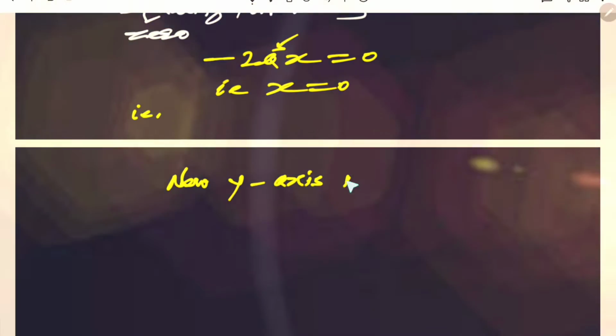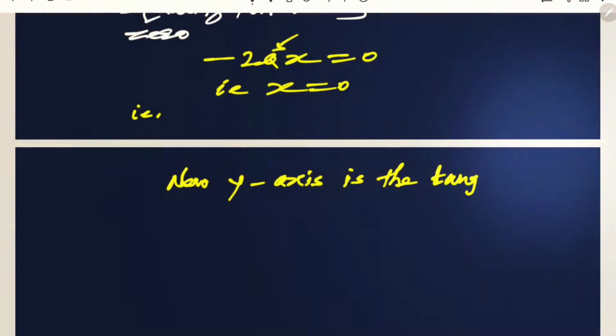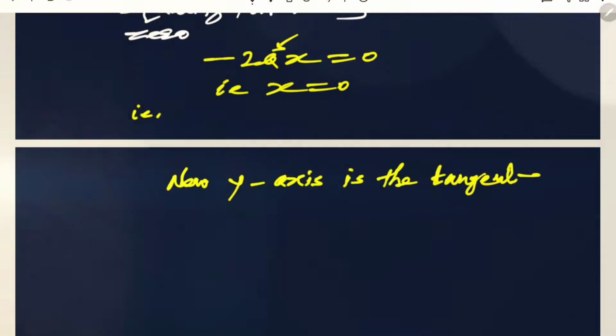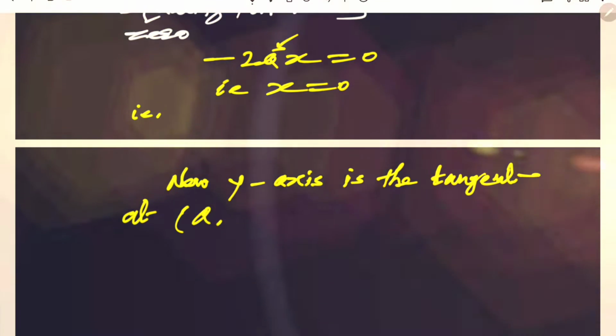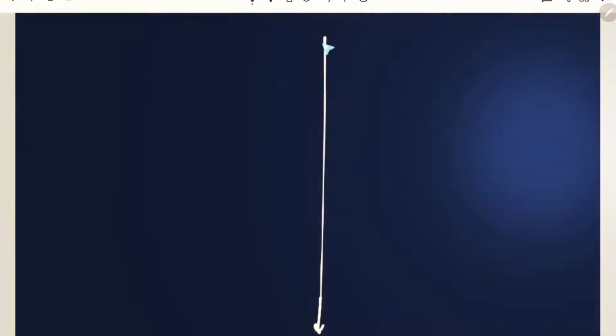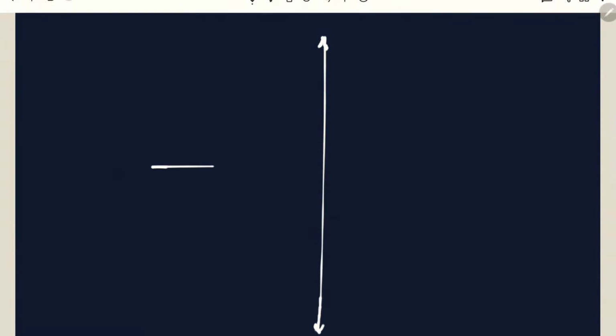Equating it to 0, we get x equals 0, nothing but y-axis or new y-axis is the tangent at that point of intersection, and we have this symmetrical tangent on the other side, that is at the point minus a, 0.